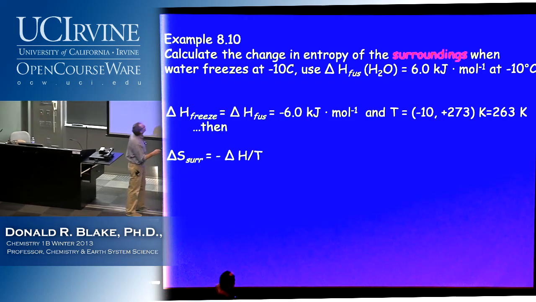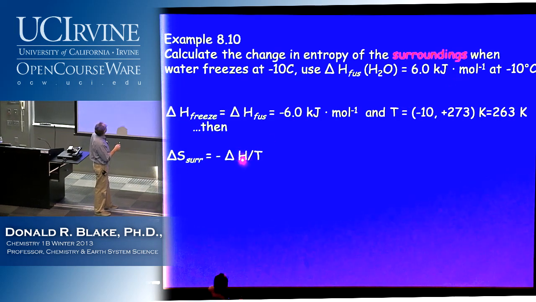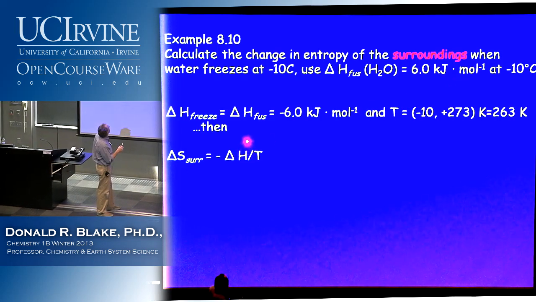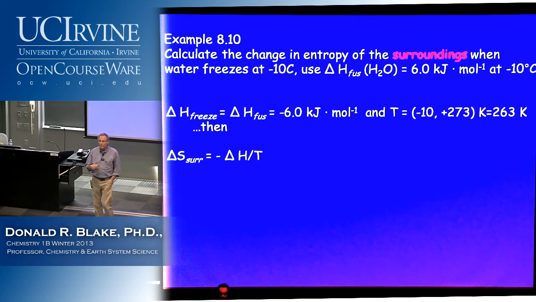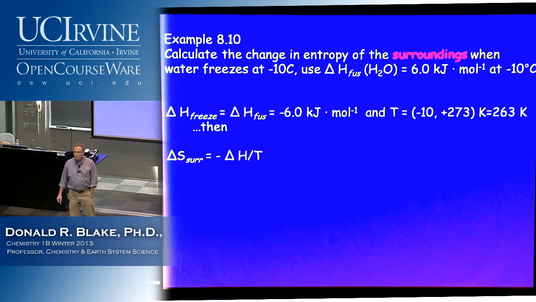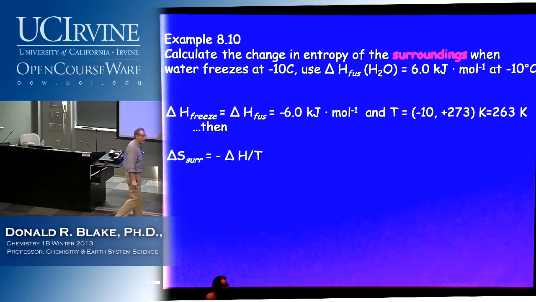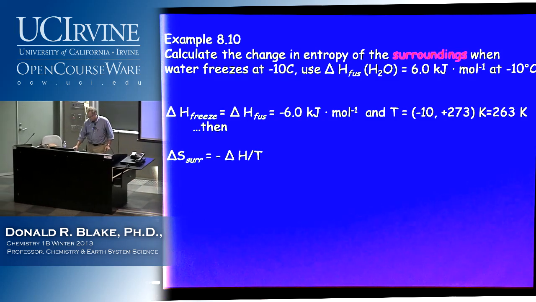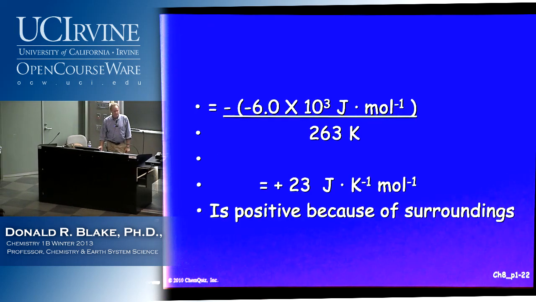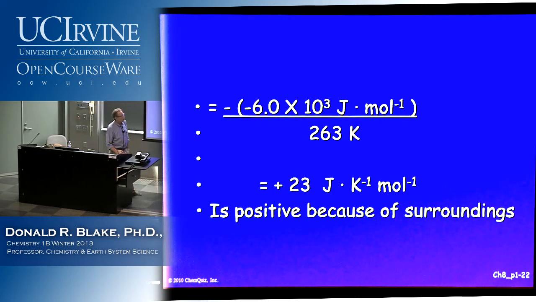So all we should have to do is plug in this 6 kilojoules per mole right there. What temperature was it? What temperature would we use for that? 263, that's right. So what is delta H at the surroundings? Yep. 23 joules per degree mole.